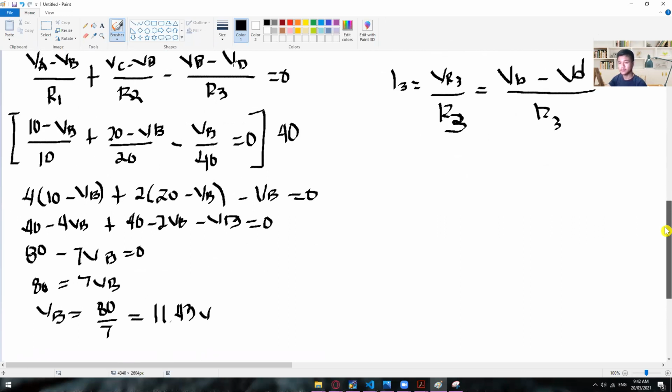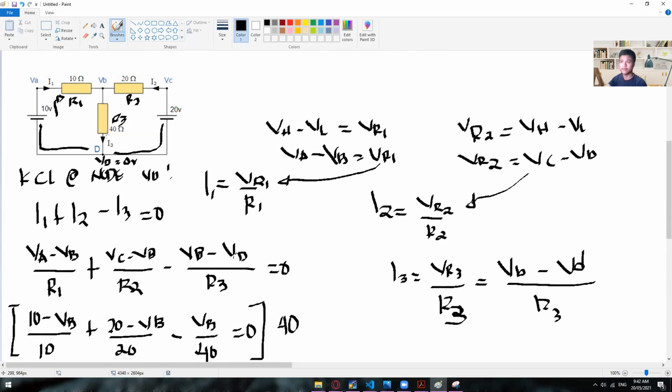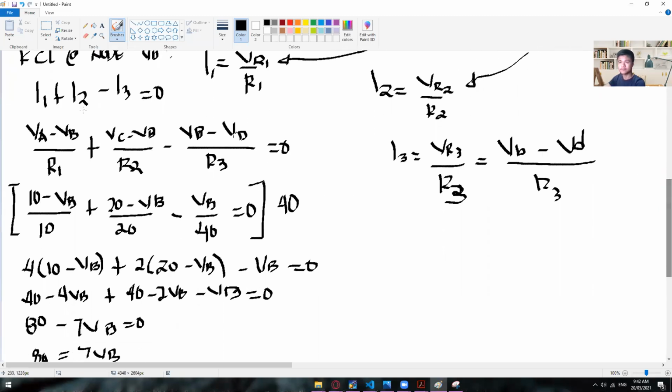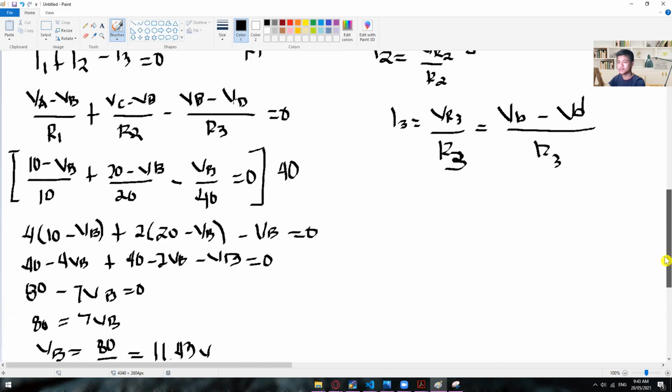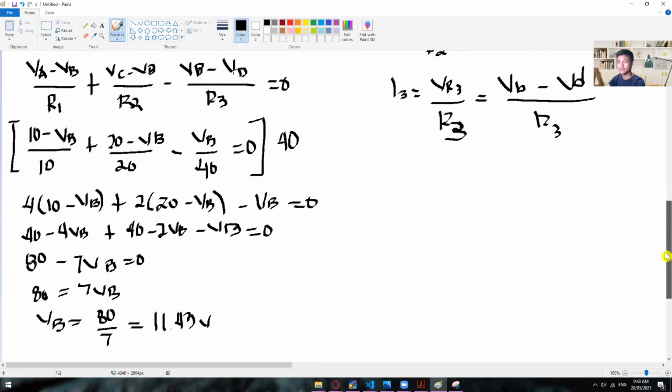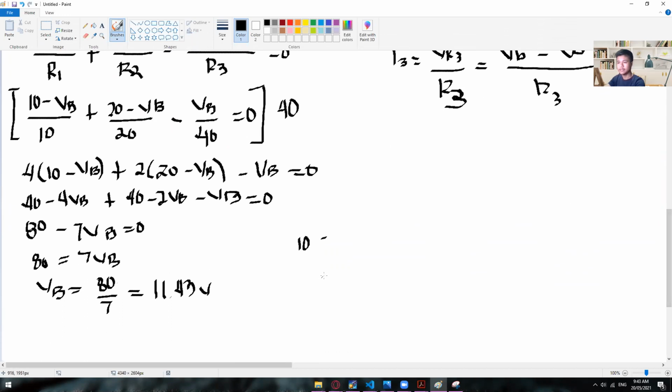Since we already have the value of VB, we can now solve for the value of I3. In here, you can actually already solve the value of I1 and I2 since VB is now given. You can just use this formula. Let's solve the value of I1. I1 is VA minus VB divided by R1. VA is 10 volts minus VB is 11.43, divided by R1, which is 10.